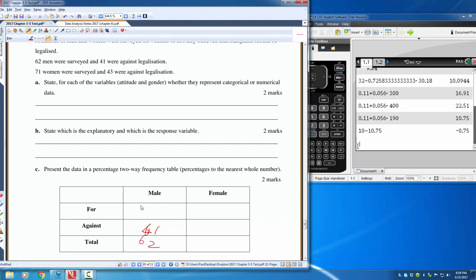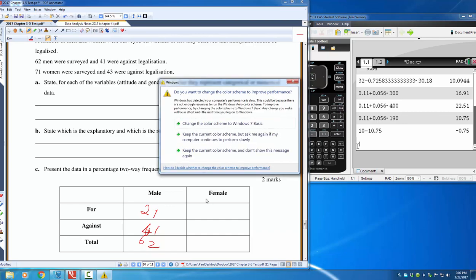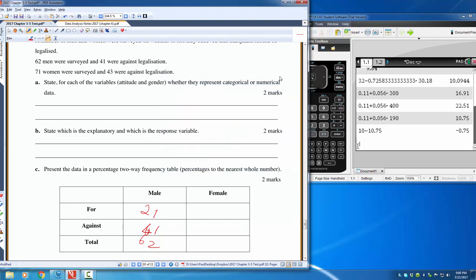That means that it would be 62 take away 41, which is 21. Now females was 71, so 43 were against. 71, so the difference there is 28.